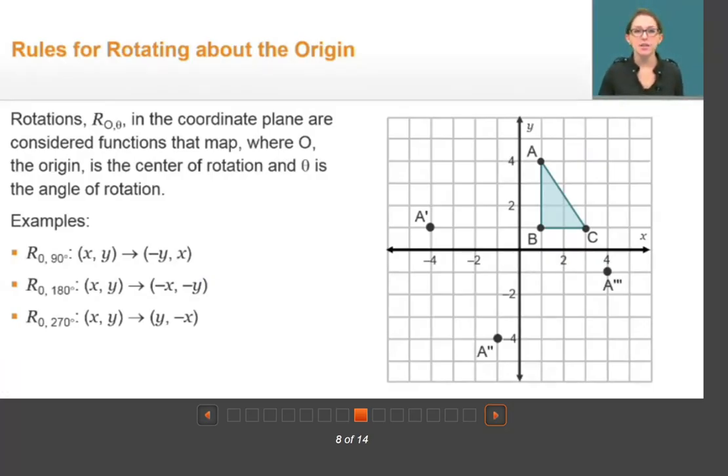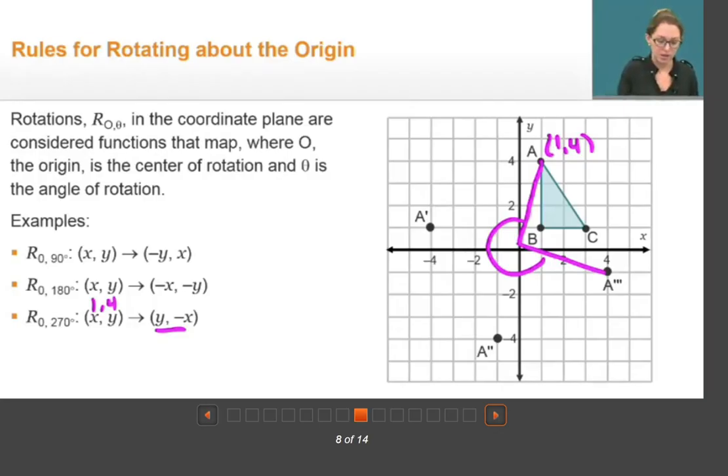And finally, if A is rotated 270 degrees, like this, then we have a rotation that allows a point x, y to be mapped to y, -x. So if we have A at 1, 4, then A triple prime will be at 4, -1.